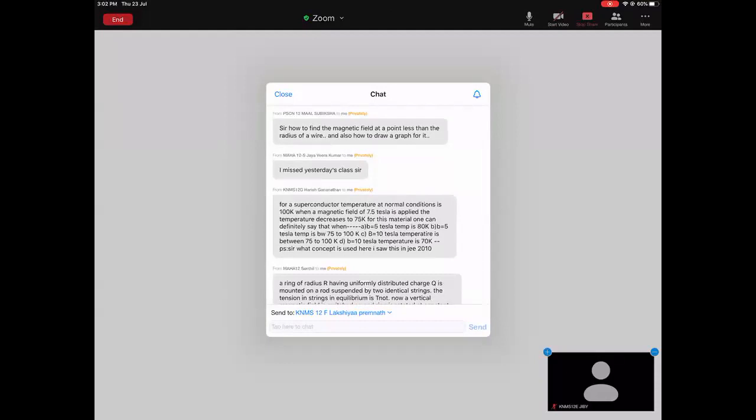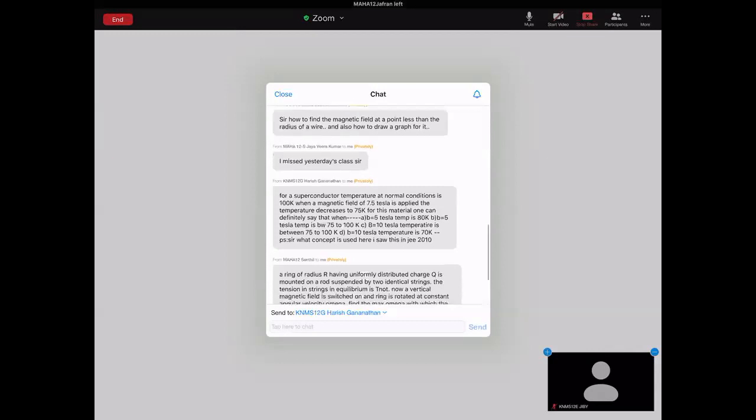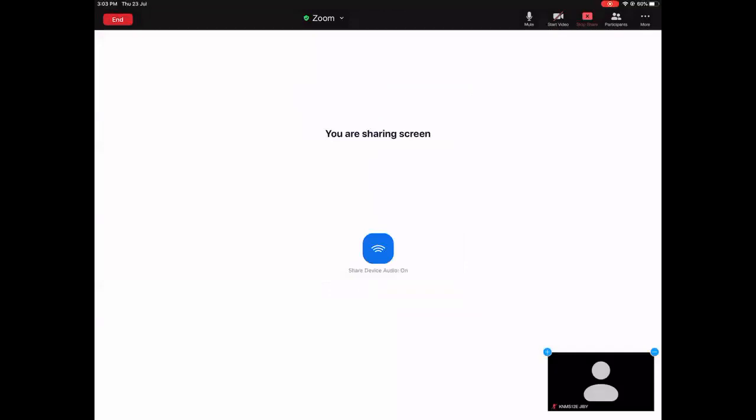Okay, I can't say, it's a vague question, I feel. No question. I saw this in JEE 2010. For a semiconductor, when a magnetic field is applied. I have no clue. Out of syllabus. I don't think it was ever in syllabus.